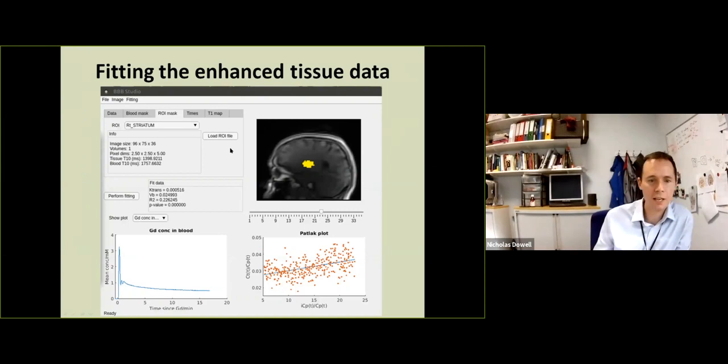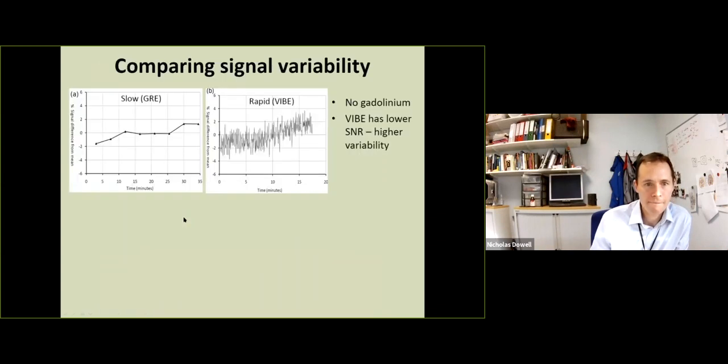And then you fit the data using the PATLAK model, which I've incorporated into a sort of friendly GUI in MATLAB, which allows you to do this. You select your region of interest and then measure the signal intensity change over time. And then this reformats it into what's called a PATLAK plot, which you then read off the slope to get things like the K-trans, this permeability value.